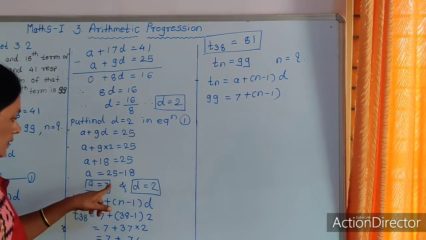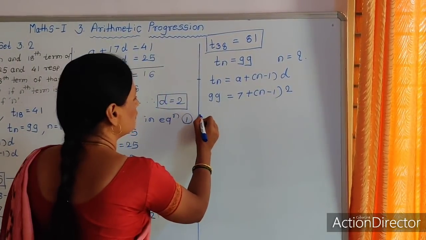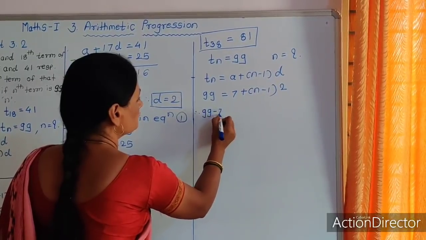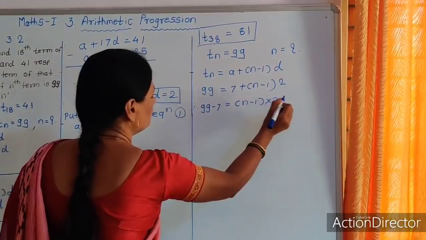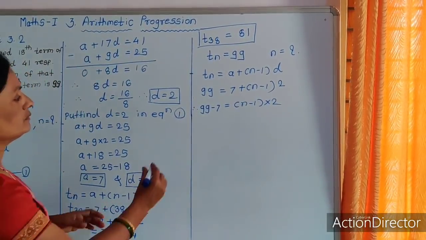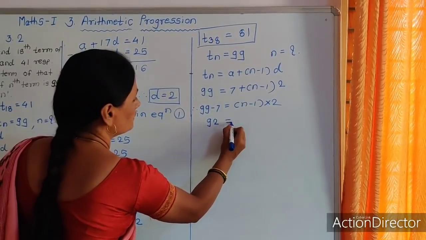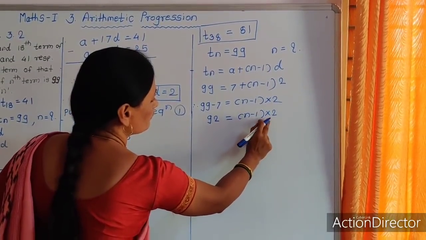We have to calculate n. The value of D is 2. Now look here. 7 is plus, here becomes minus. 99 minus 7, 92 is equal to n minus 1 into 2.